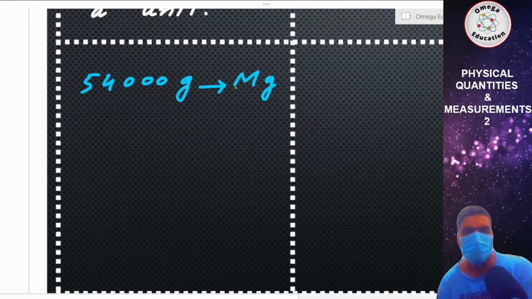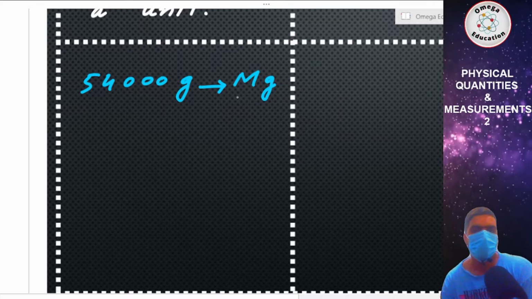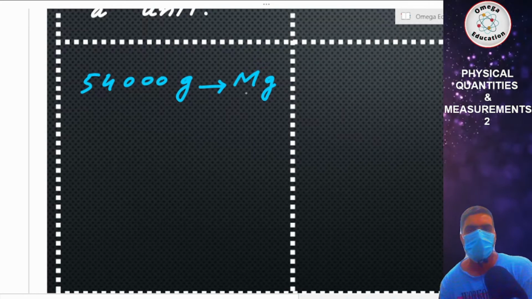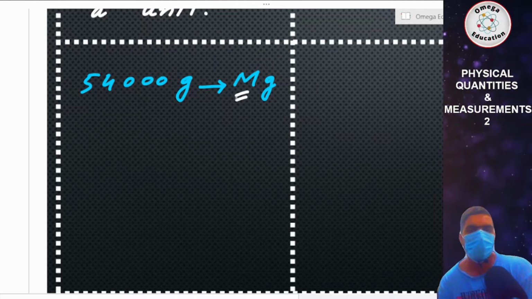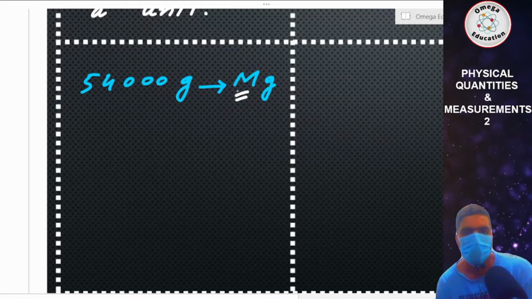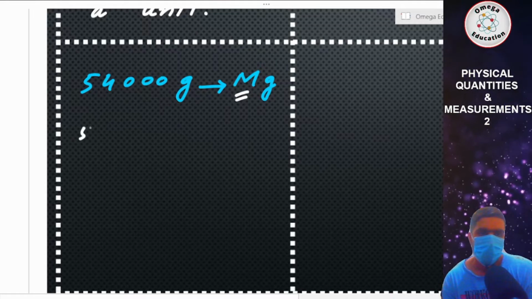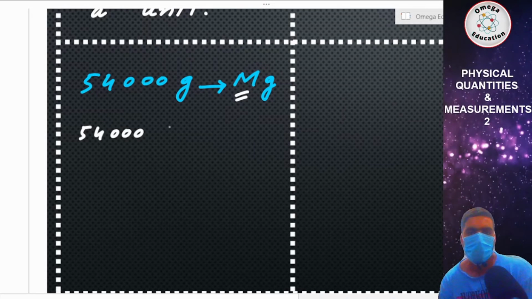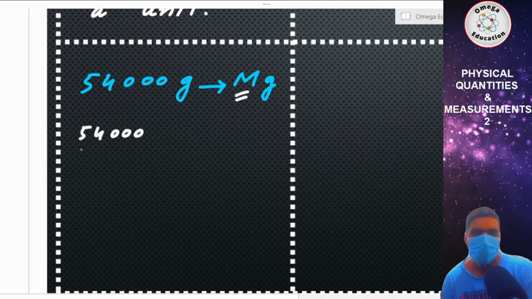And like I said, the prefixes are case sensitive. So M can be represented mega, M might be representing milli as well. But then you realize that capital M was representing mega. So you write the same number, the same value, 54,000.